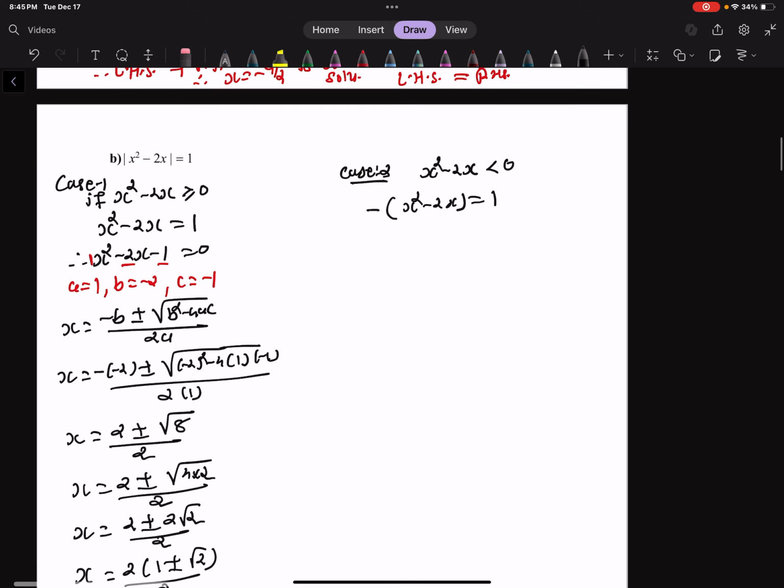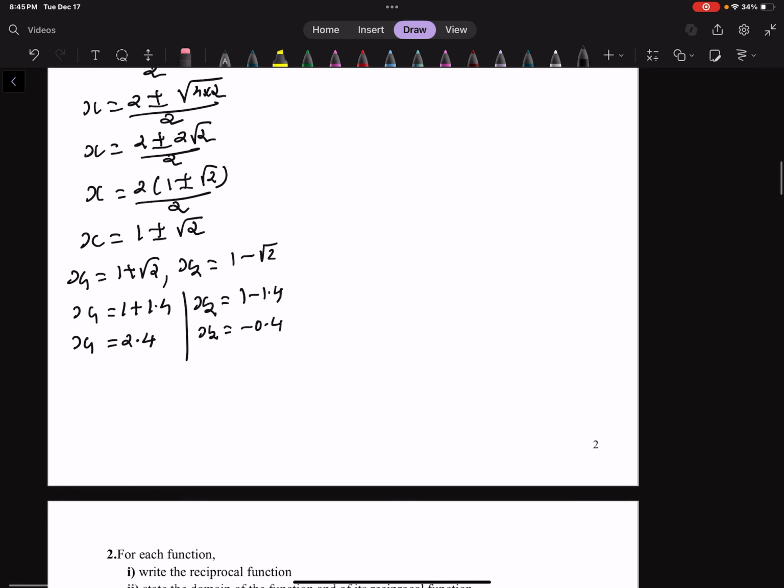Okay, then we have to check the condition. You can substitute these values into the condition as well. For the verification part, you have to substitute both values into the left side and the right-hand side.